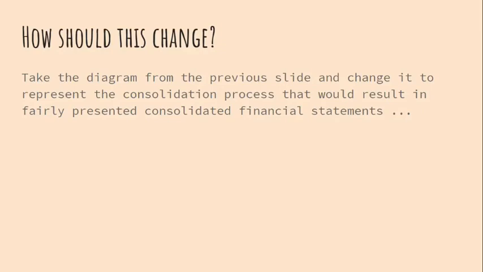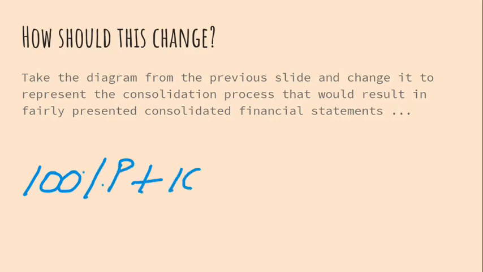So to give effect to this principle, that equation will have to change as follows to end up with fairly presented consolidated financial statements. Line by line, you will, as a starting point, take 100% of the parent's amounts plus 100% of the subsidiary amounts. The reason we're adding 100% of the subsidiary is because the parent has control over the subsidiary.